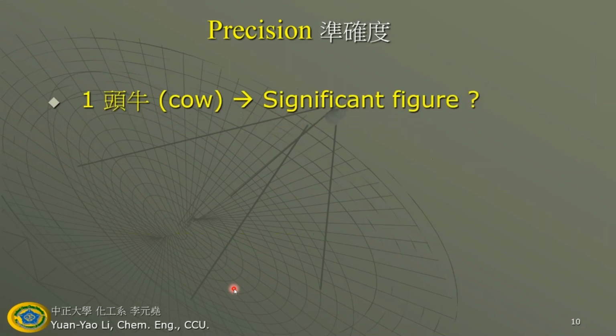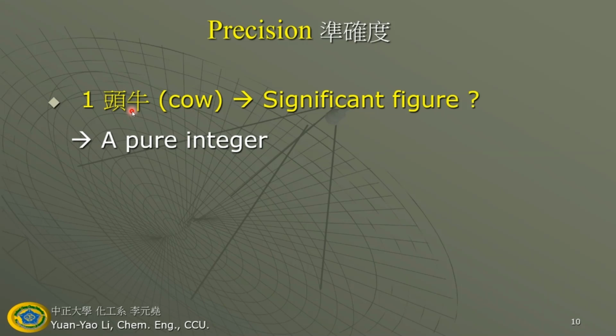Okay, so how about 1 cow? What's the significant figures? 1 is a value, cow is a unit, right? You can have 1 cow, 2 cows, 3 cows. So what's the significant figures? Infinite, right? Because 1 is precise.